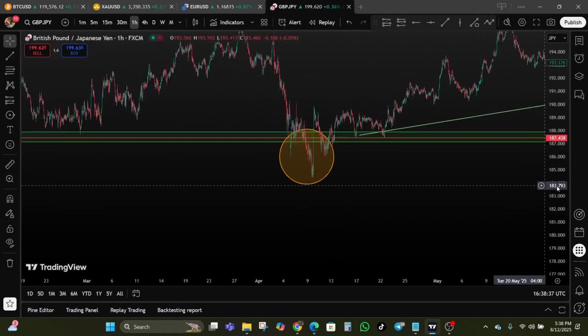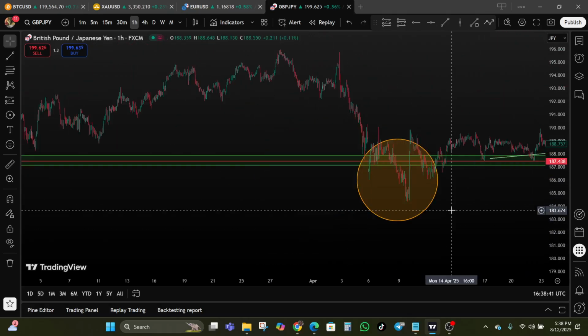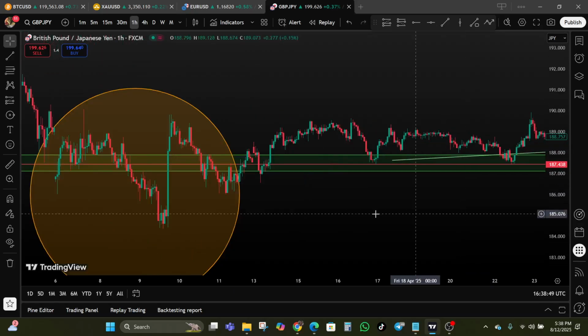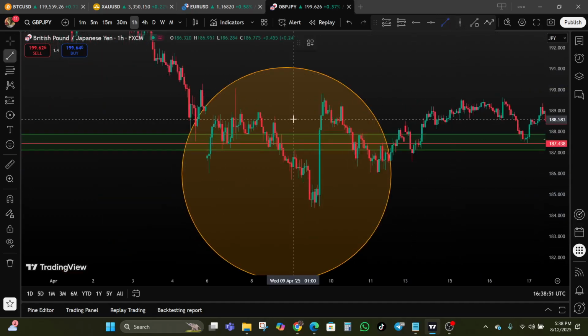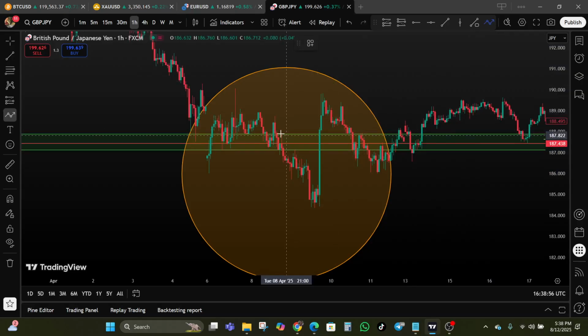Okay, so this kind of just looks like deception. In this one here, we had a gap, then we even had something that looked like a breakout and retest structure.